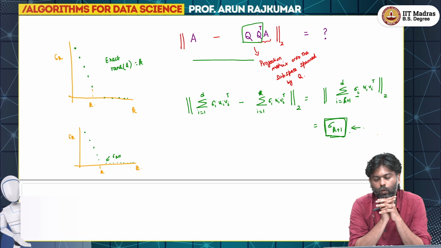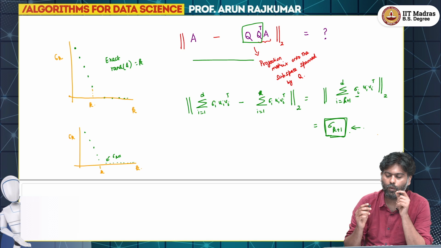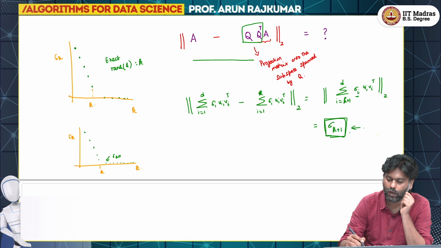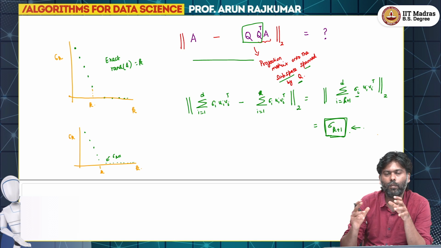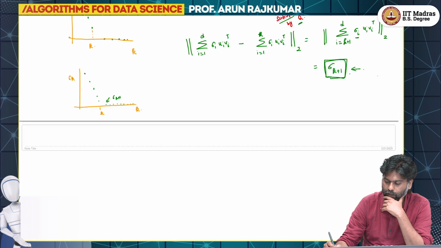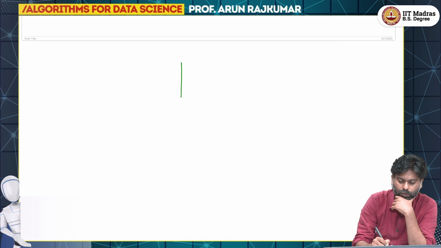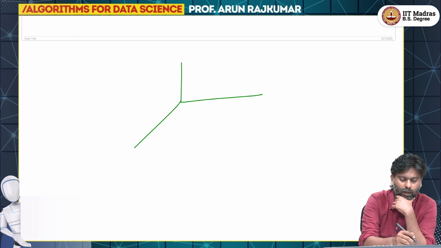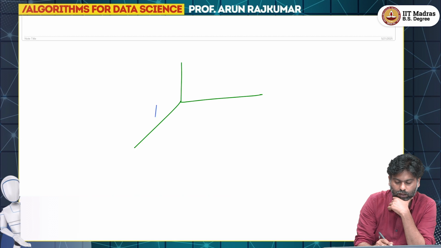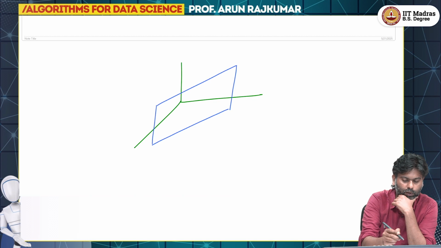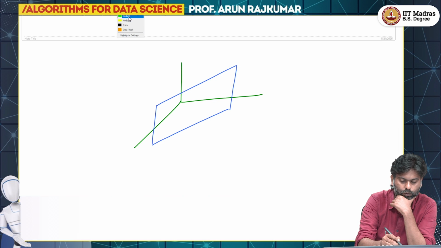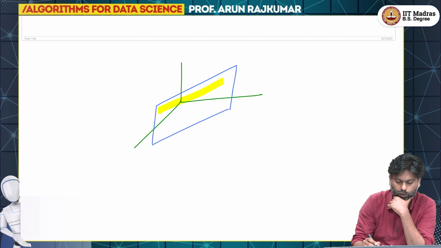To do this projection, we want to capture this subspace spanned by the top k singular vectors. So for example, let's say it's three-dimensional data, and the subspace that we care about is this two-dimensional subspace. Let's say this was our subspace of interest.